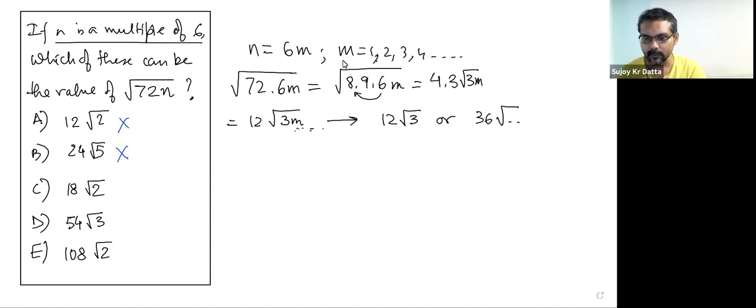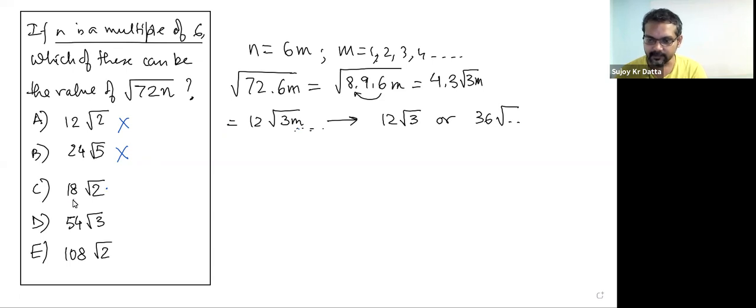There is no problem with that. The problem is where is the 3? If the 3 had to go outside, then you would have a 3 inside and outside, right? 12 times 3, 36, not a 12 times 2, 24. Not possible.